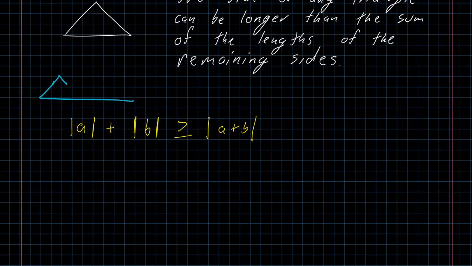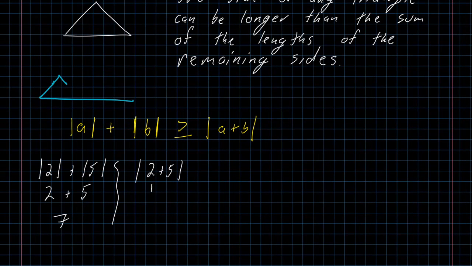Throwing in some positive numbers, say A is 2 and B is 5, we get 7. And if I try it in the other order, 2 plus 5 is 7, and the absolute value of 7 is 7. That works fine.